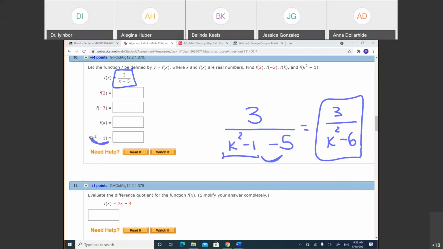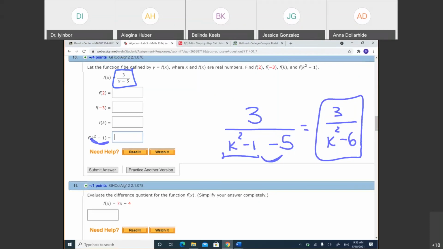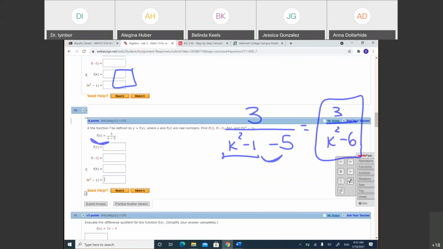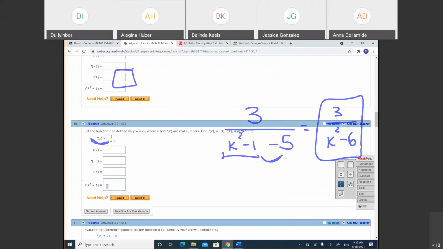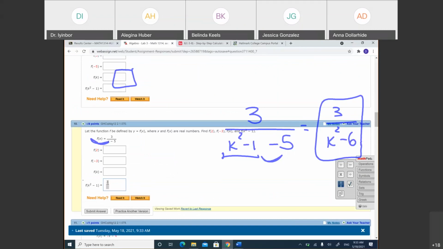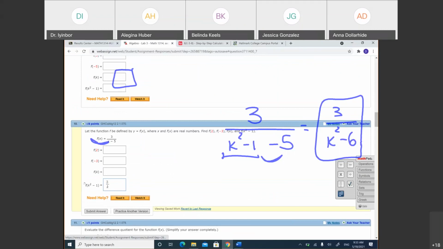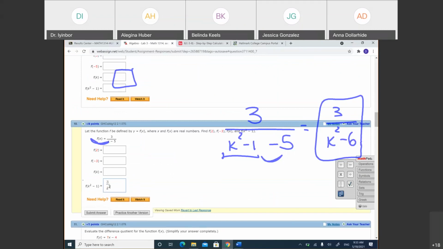How do you put that? When you go to the answer box, you're going to see the math palette. Here you go. And the math palette has a fraction. So I'm going to click the fraction, put 3 in the top, and in the bottom I'm going to put k. And this one down here is going to give me the square. And then I need to go down and put negative 6.